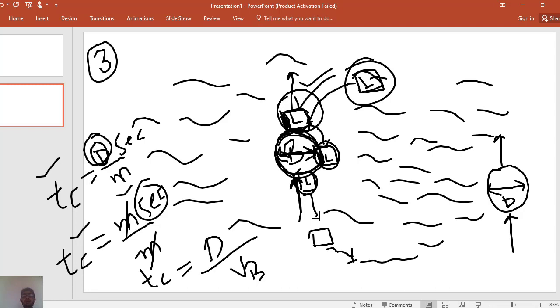It can depend on the size of the bubble, the bubble diameter, and the density of the liquid water.